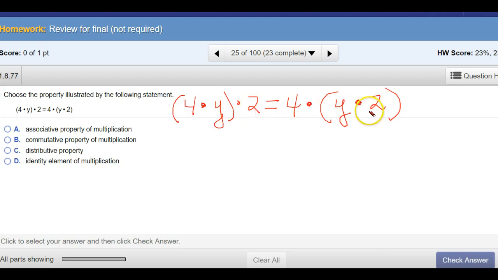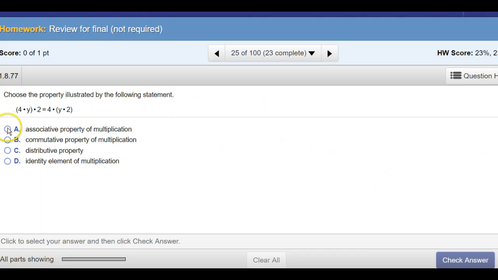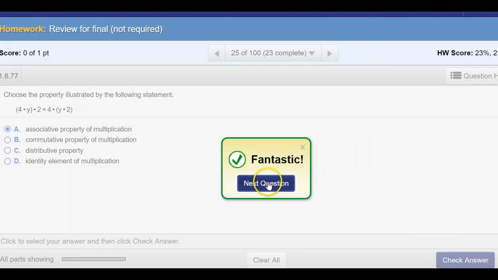No. So what is the obvious change? The placement of the grouping symbols, the parentheses. So here we're grouping these together, and then we're switching the grouping to the last two. First two, last two. So which property is this? And it's the associative property. So we put a dot right there and check our answer. Okay.